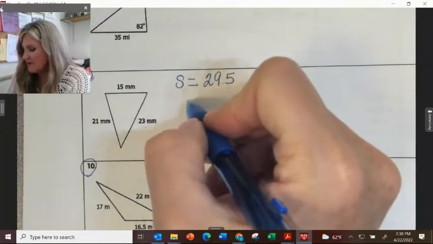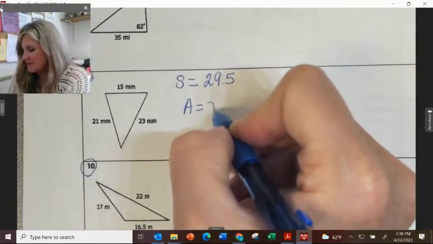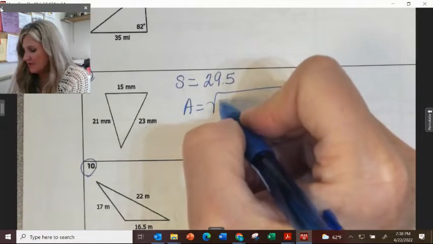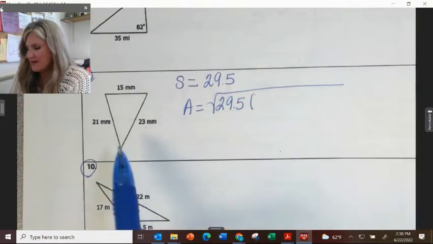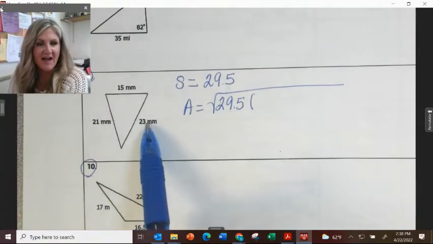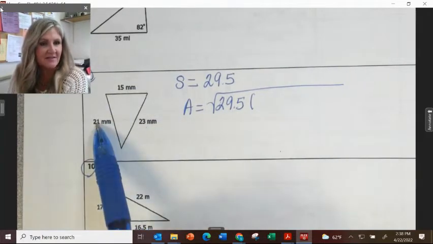So now my formula for area is going to be, I plug in 29.5 for S, and then I'm going to have to do 29.5 minus each of these sides.